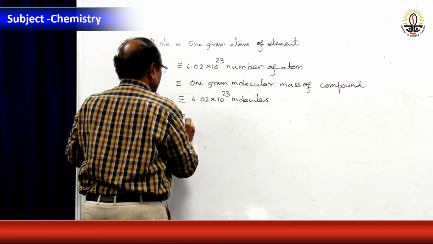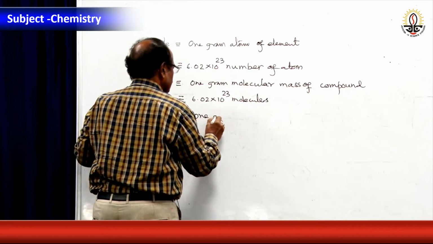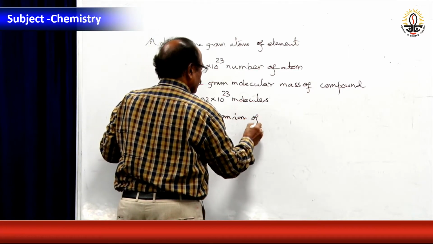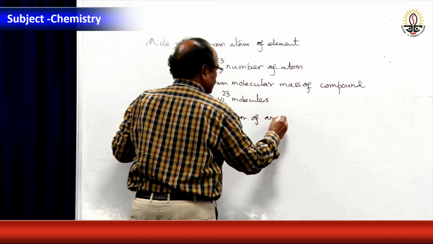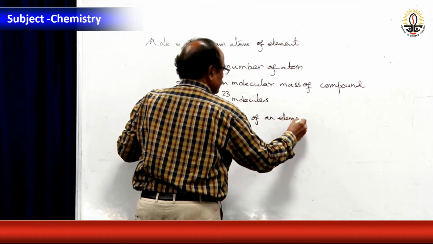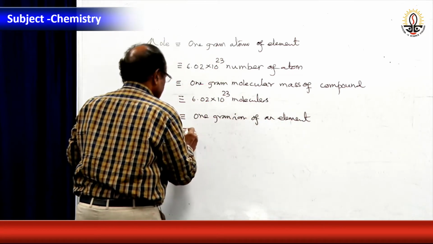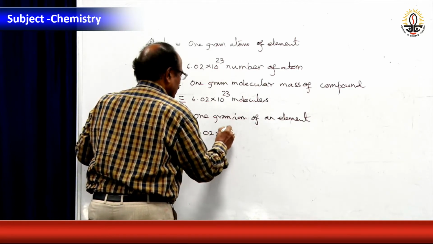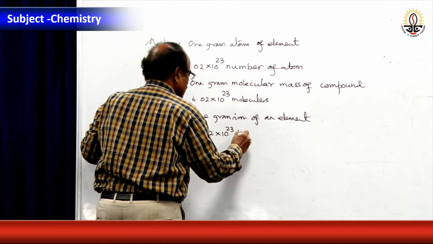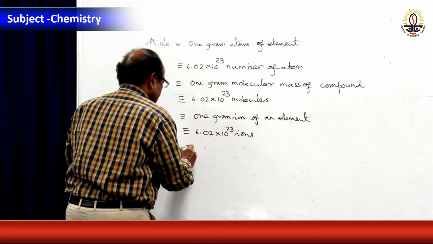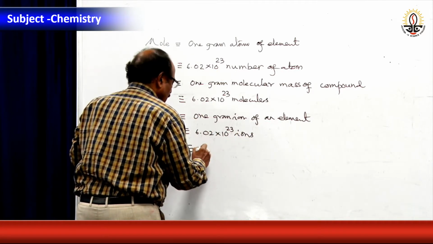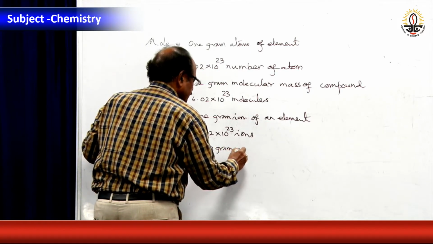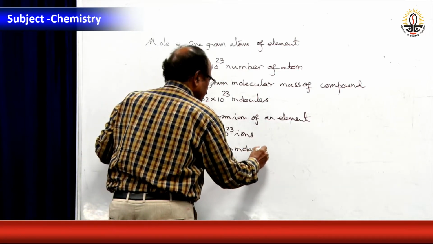That is equivalent to 1 gram ion of an element, or that is equivalent to 6.02 into 10 to the power 23 ions, and that is equal to also 1 gram molar volume.